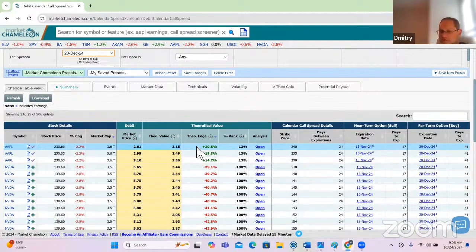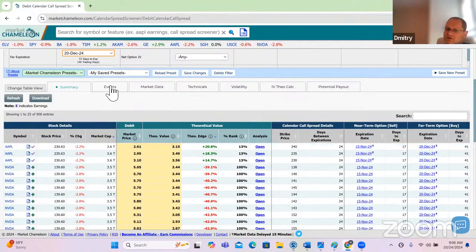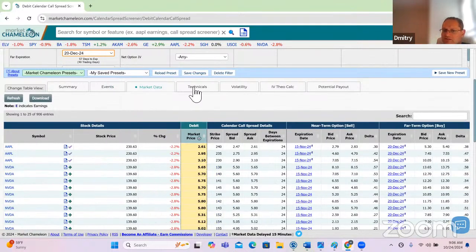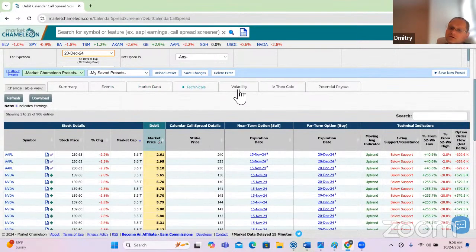And besides this one view, you do have these tabs that give you additional analytics that are related to the stock or the strategy itself. Okay, so let's maybe go over some of these.